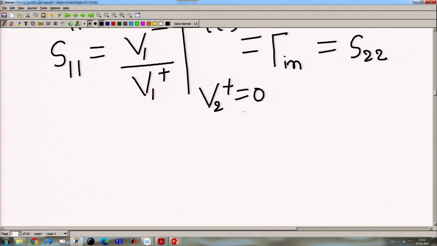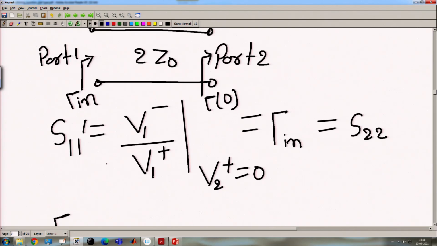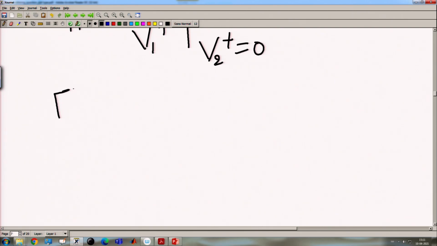For that case we can find gamma 0 as ZL minus Z naught divided by ZL plus Z naught.